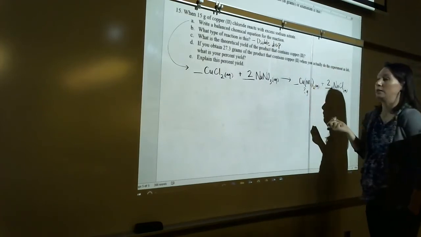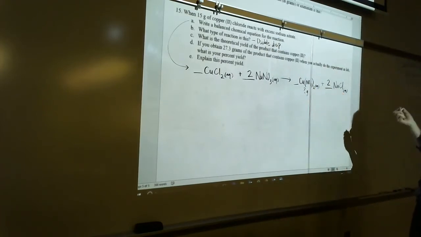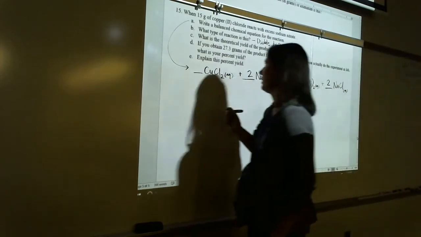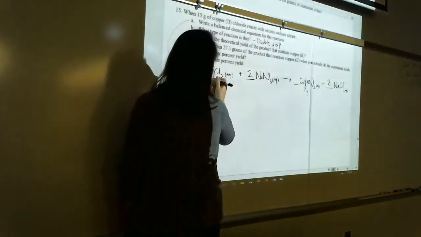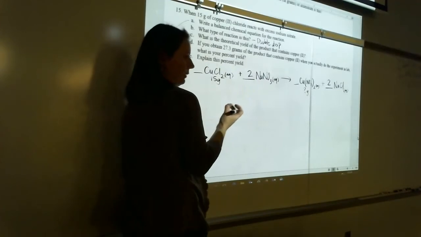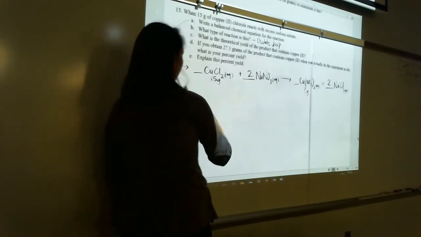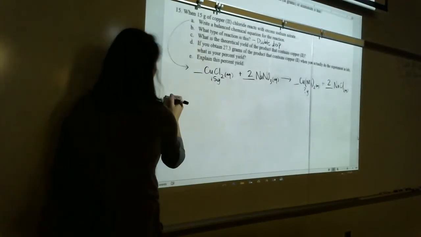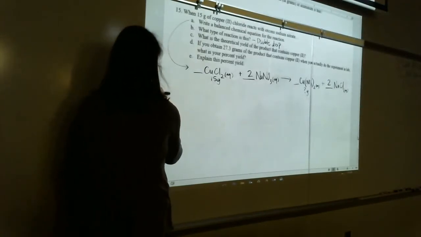Now, if you were doing this in lab, it would be no apparent reaction. But let's just pretend that this is a precipitate that we could extract. And it's 15 grams. It says excess, so what does that mean? You've got plenty of it, right? So do we have to do stoichiometry twice? Nope.